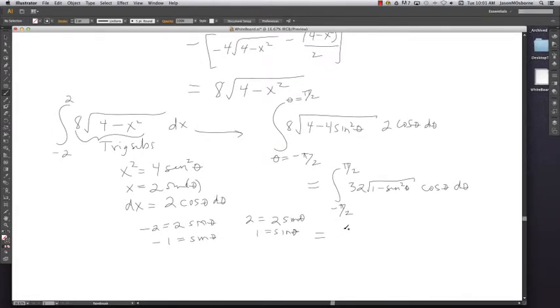Okay. -pi/2 to pi/2. 32. Square root of 1 minus sine squared. 1 minus sine squared, according to one of the Pythagorean identities, is cosine squared. Square root of cosine squared is cosine. So now we're down to cosine squared of theta d theta.